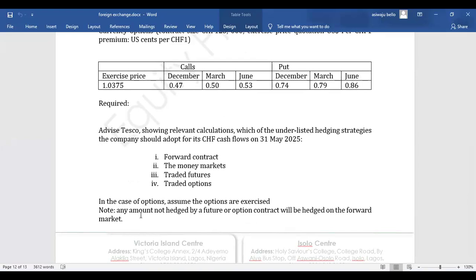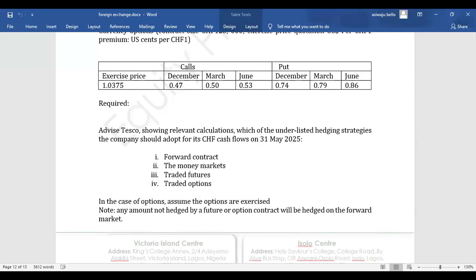The examiner is aware that you are going to have fractions when you get to currency futures, and currency futures do not accommodate fractions. Now, any portion not hedged under currency futures will be taken to hedge under the forward market.